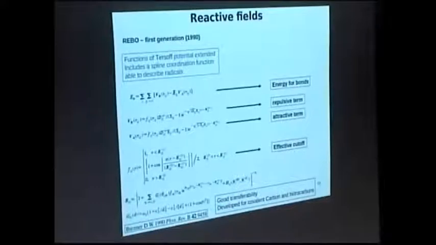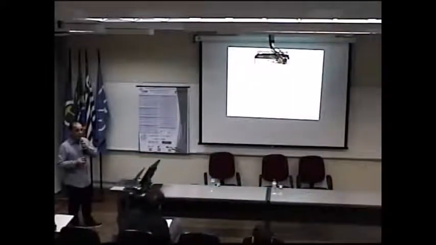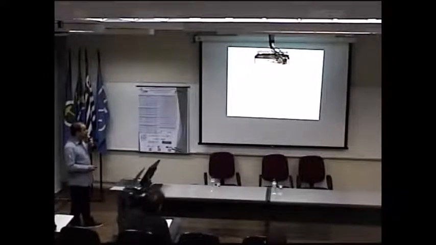What is the meaning of transferability? It means that if you made the parameterization using some kind of system, but for some reason, when you make calculations with systems different from those that you used in the parameterization, it works well. This is transferability. Not always does it happen, but for some potentials it happens more often than for others.